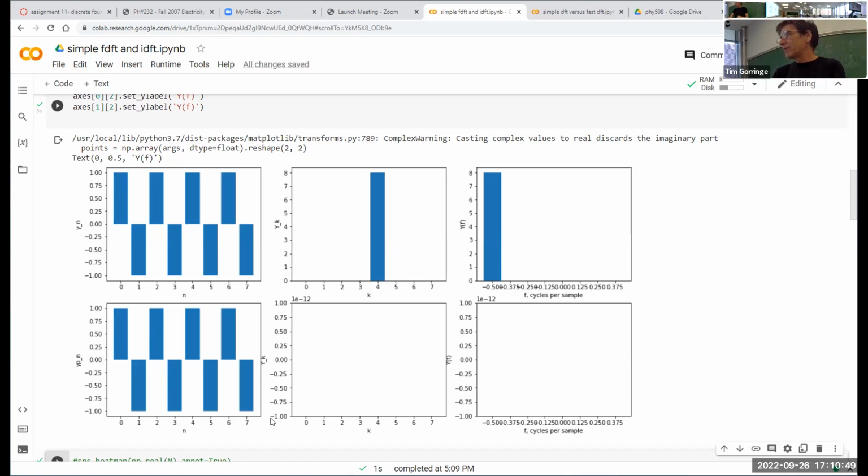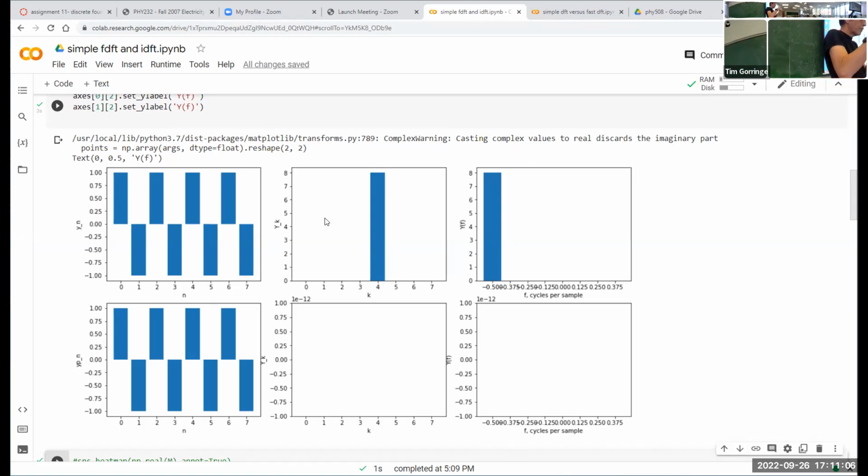Over here in the center and on the right, this is an interesting point. Normally we'll deal with real signals, and so I started with a real signal and ended back up with a real signal.